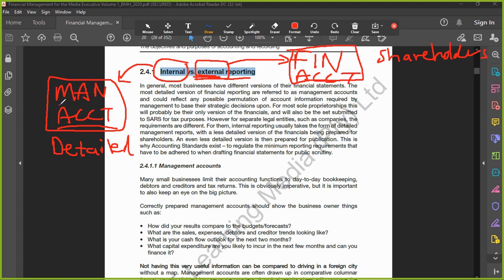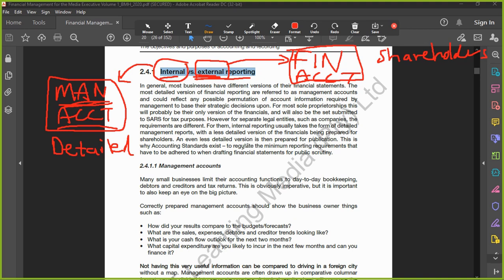Right, if we're looking at detailed management accounts, then obviously knowing which product is selling the best is ideal and the best source of information for making decisions to help grow or improve the business. So just remember, internal accounting is management accounting, external accounting is financial accounting.